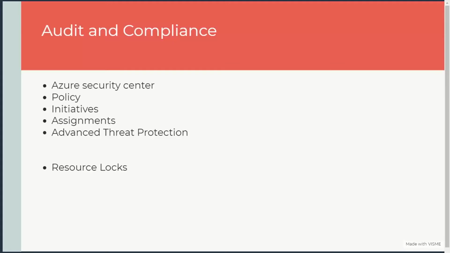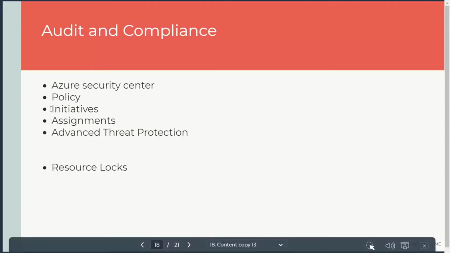Instead of assigning every policy to a resource group one by one, if there are 10 policies it is complex to assign them all. Instead, you group the set of policies under an initiative and assign it, so that it is easy to manage. So the group of policies is called an initiative.